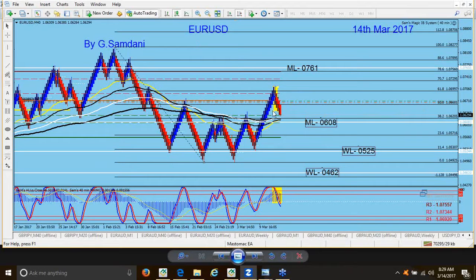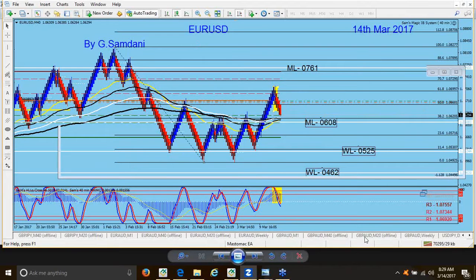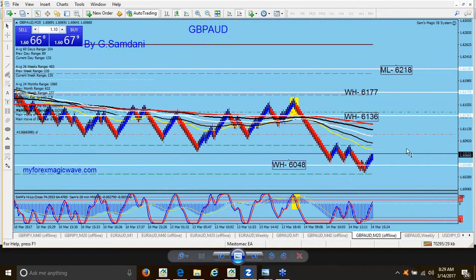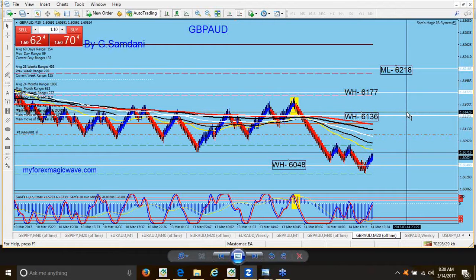I showed you my pound Aussie trade. You see here. Let me see how much it is right now. It is at 160.66, and my entry is 61.42, so almost more than 70 pips in profit.